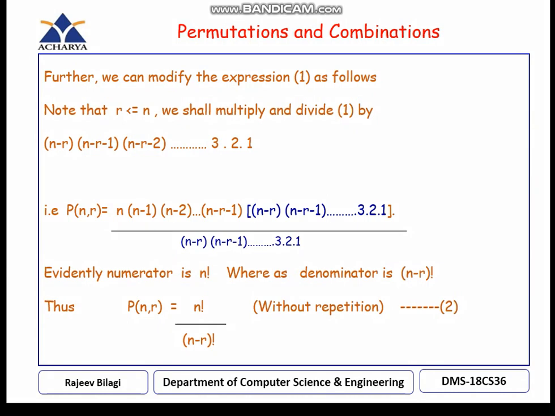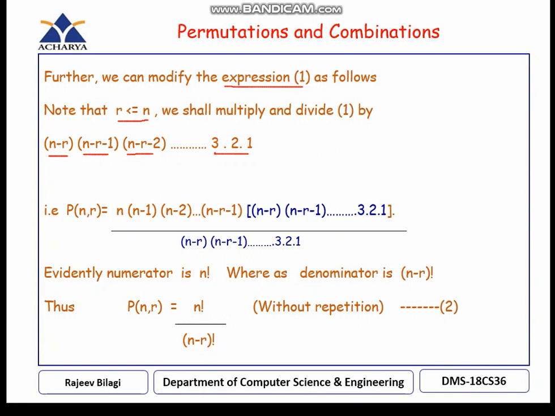Now in equation 1, since r is less than or equal to n, I can write n minus r, n minus r minus 1, n minus r minus 2, down to 3, 2, 1. So I can write equation 1 like this.